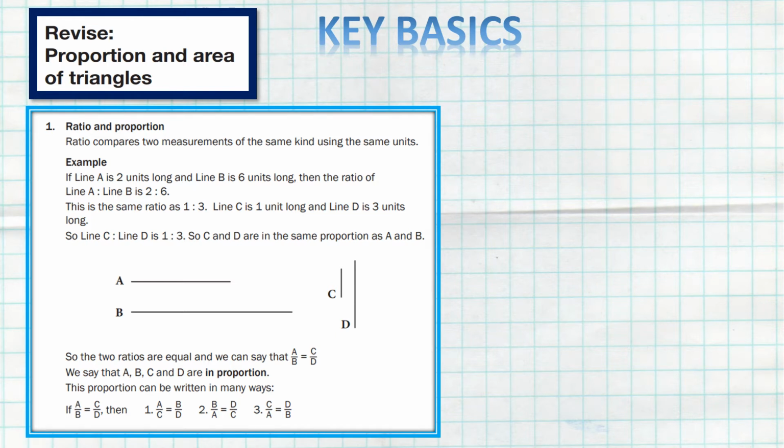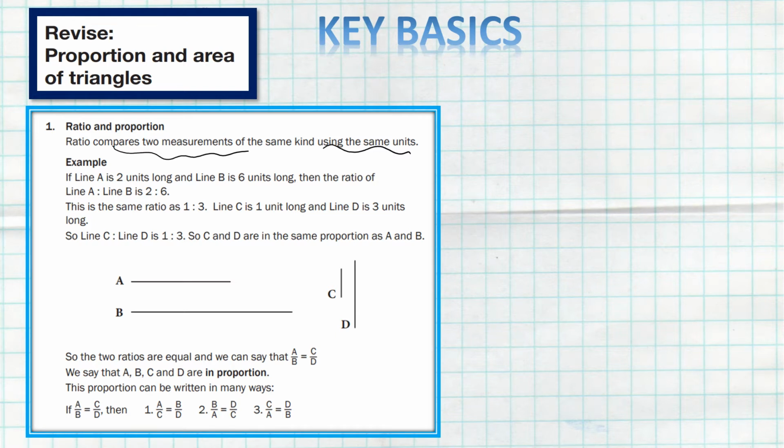Okay, so firstly, you must know what a ratio is. We know that a ratio compares two measurements of the same kind using the same units. For example, I might want to compare the heights of two learners.